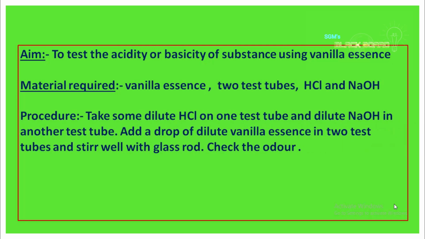Now, how to do this activity? Take some dilute HCl in one test tube and dilute sodium hydroxide in another test tube. Now add a few drops of vanilla essence in the 2 test tubes and stir well with a glass rod.